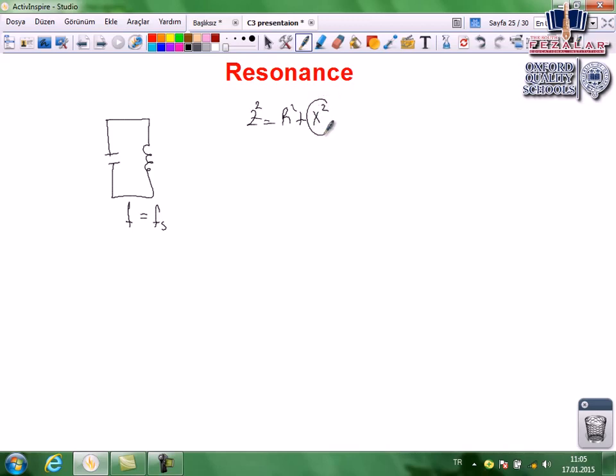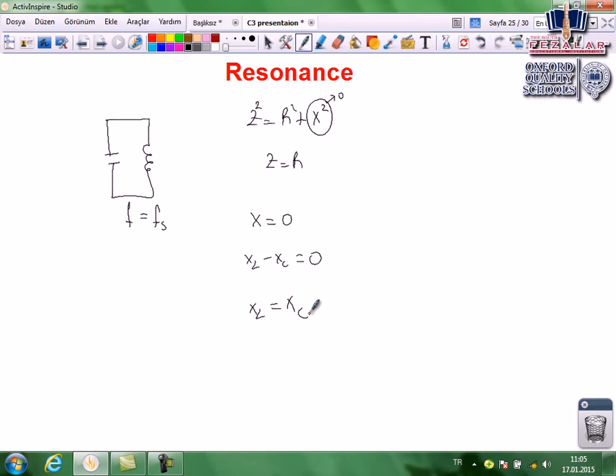When this part of the equation is 0, impedance equals R and becomes minimum. X is 0. What does it mean? X, which is XL minus XC, is 0. That means when XL equals XC, resonance can be achieved.